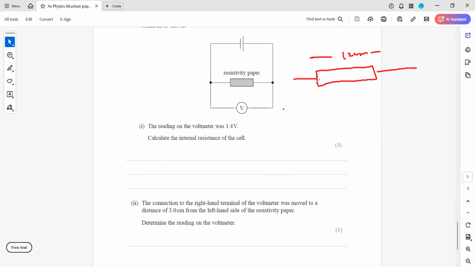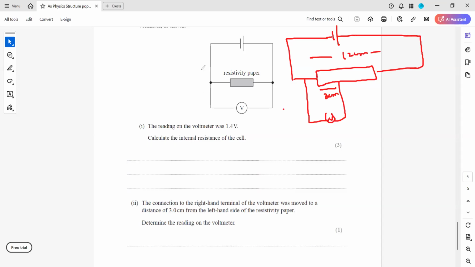Means this is connected here and we just move 3 centimeter. So this is 3 centimeter. And the voltage of the supply is, how much was this total voltage? This total voltage was 1.4.